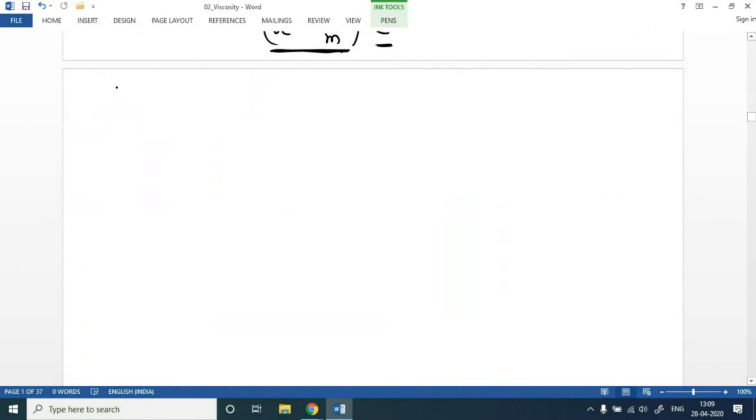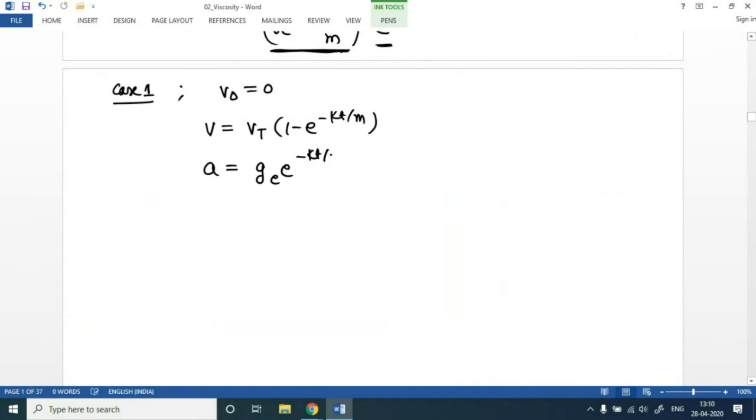The first case is the simplest one, case one, when v naught is equal to 0, meaning the body is not projected, simply dropped from some height. In that case the velocity expression will simply become vt into 1 minus e to the power minus kt by m, and the acceleration term will simply become g effective into e to the power minus kt by m.